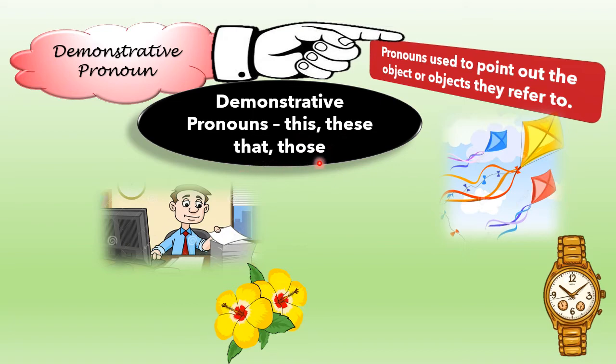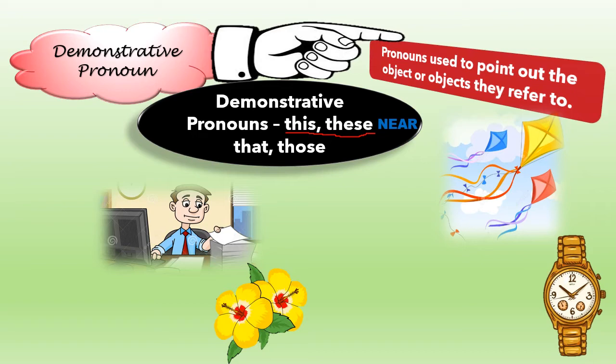These are the demonstrative pronouns we use to specify or to refer to something. Is it clear, children? Now, what you have to understand here is that this and these we use for things which are closer to us, which are near to us. Is it clear, children? Which we are having near, which we are having closer to us.